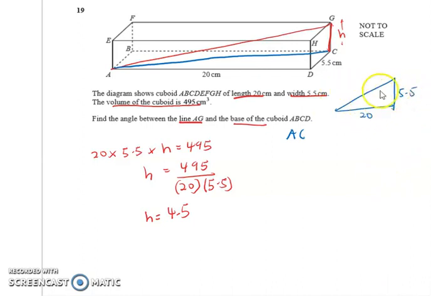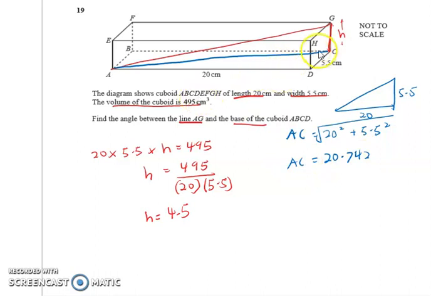Here's 5.5. So here will be 20 squared, we plus with 5.5 squared, and we square root the whole thing. So we got here 20.742. This is our AC value.